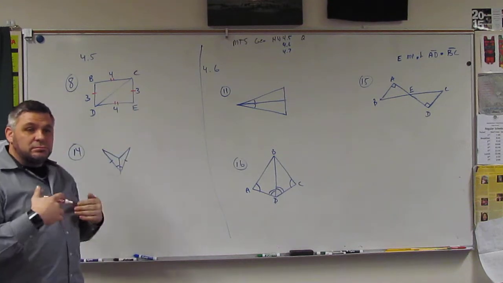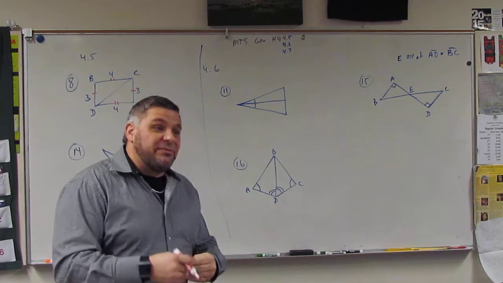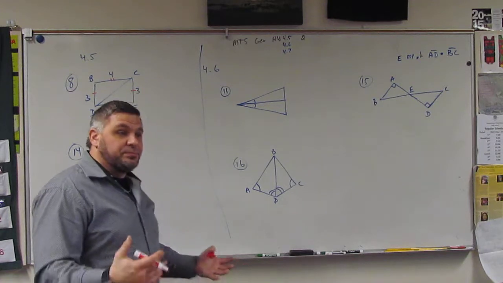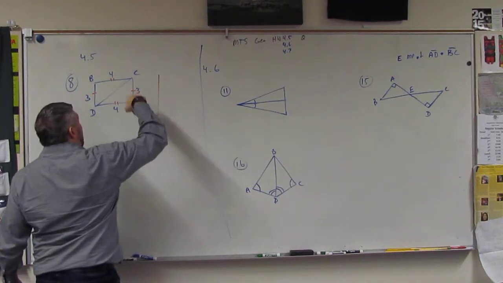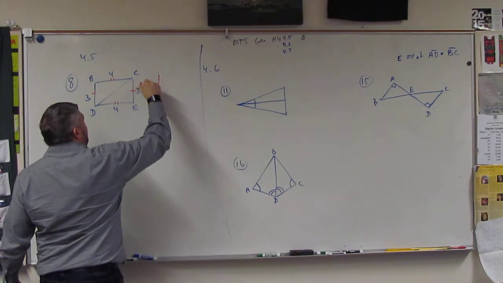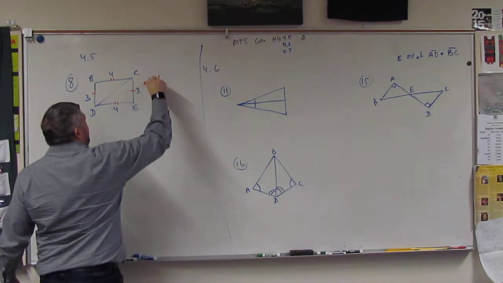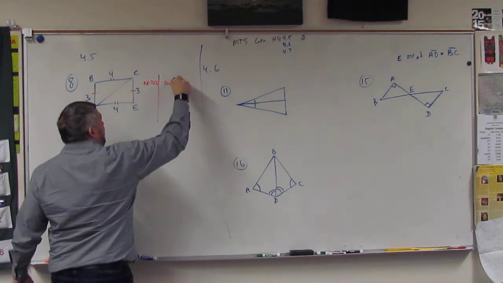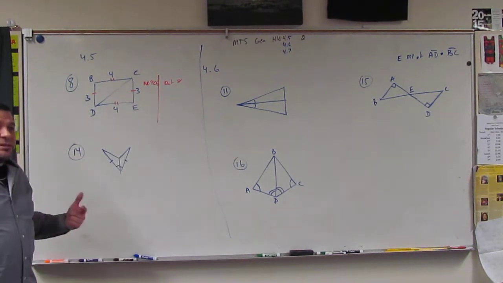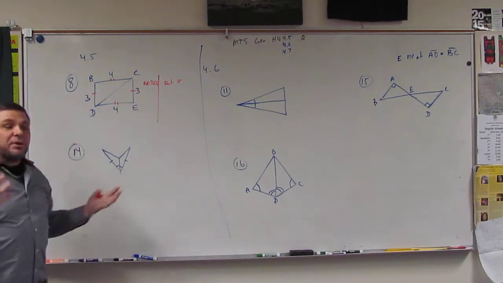Definition of measurements equal, so definition of congruency, right? So technically, I'd say BD is congruent to CE. That is a definition of congruent sides, because they're equal, they're congruent.